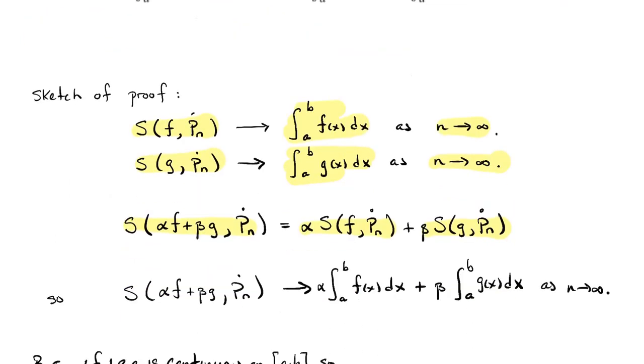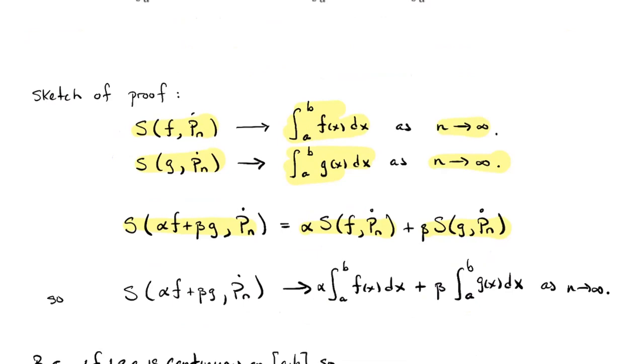Okay, well, then by limit of sequence laws, we have these two sequences individually that converge to these integrals. Their sum then converges to the sum of those integrals. Also constant multiples converge to constant multiples.